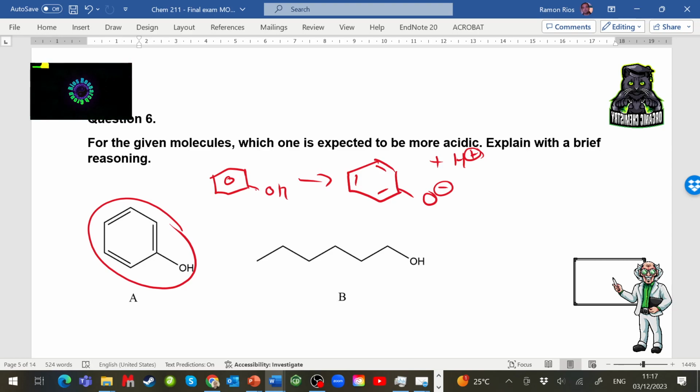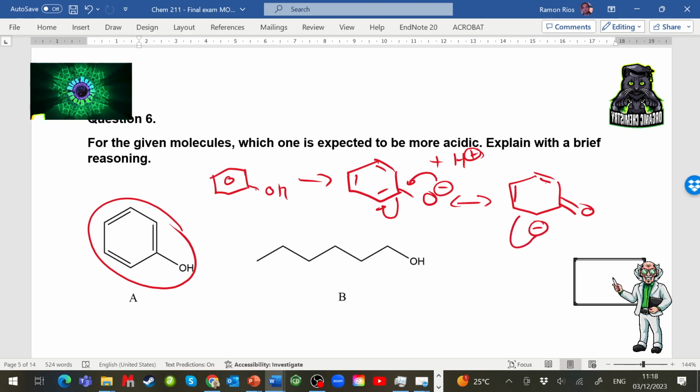Conjugate base plus the proton, but this conjugate base can be stabilized by resonance. Okay, this pair of electrons here, and then what I have is this compound. Okay, this also can be. We have another resonance form.